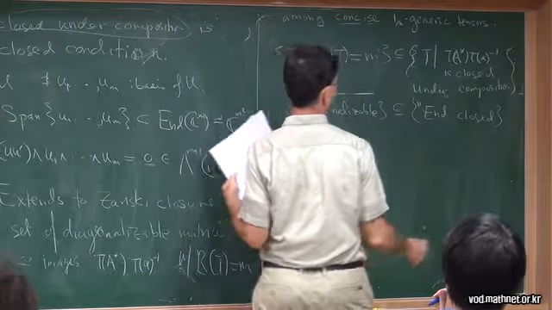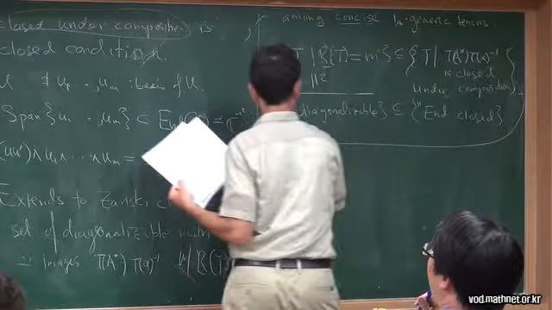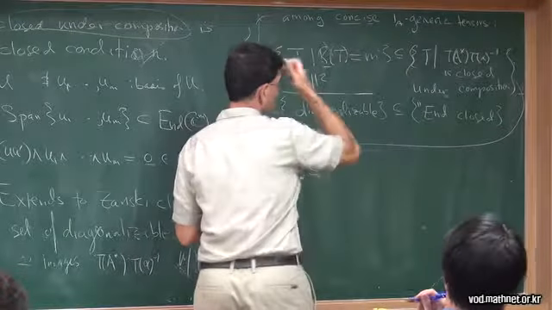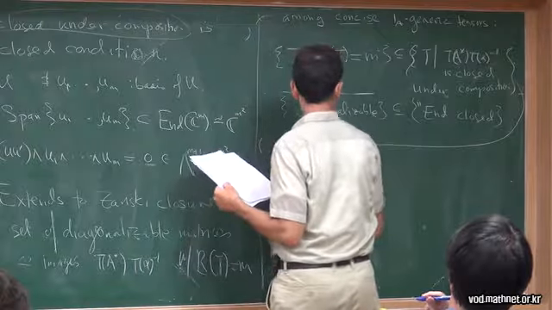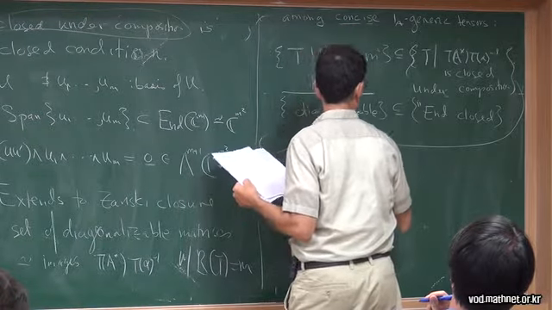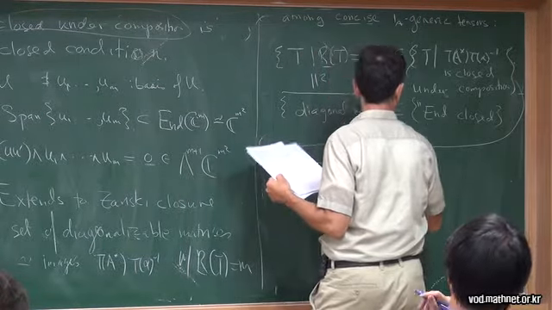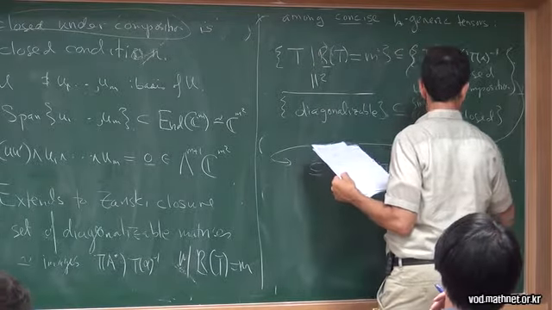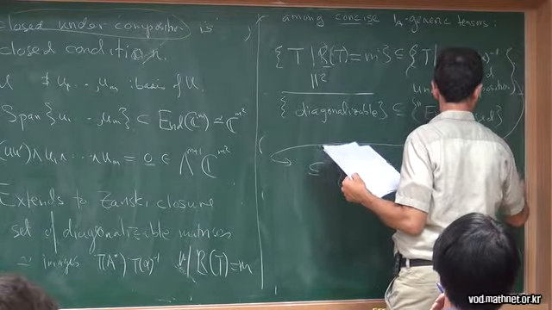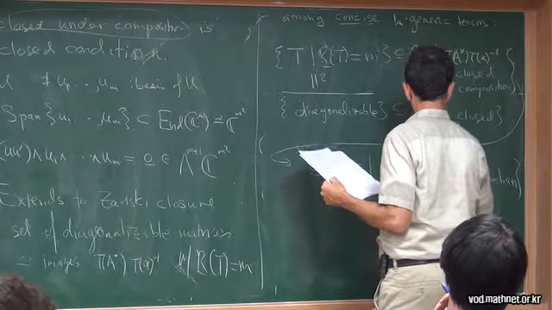And this set here is contained in T such that T(A star) T(alpha) inverse is an abelian subspace inside End(V).